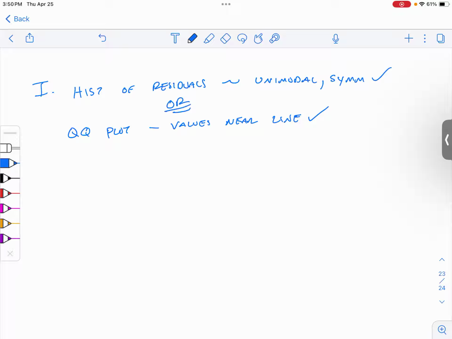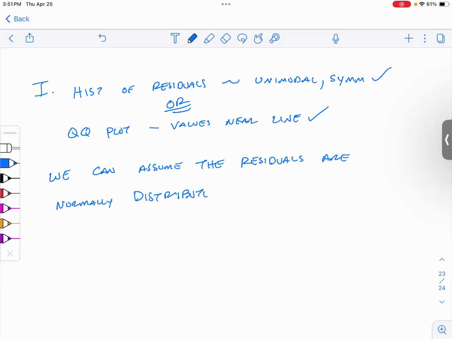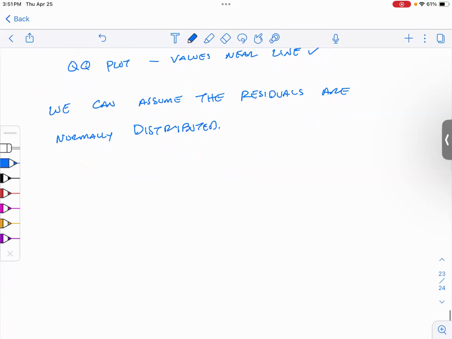Both those conditions verify we can assume the residuals are normally distributed, because that's what we care about the most.